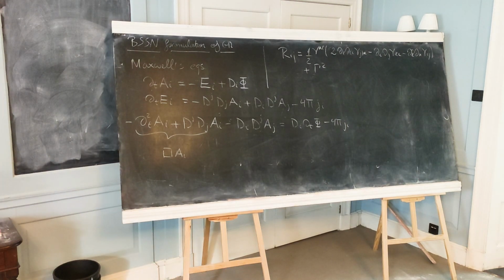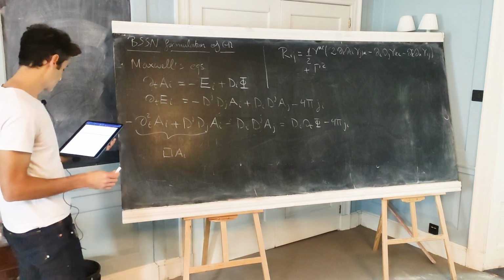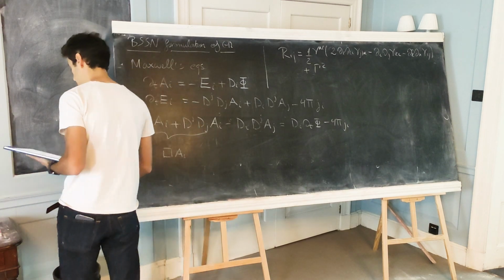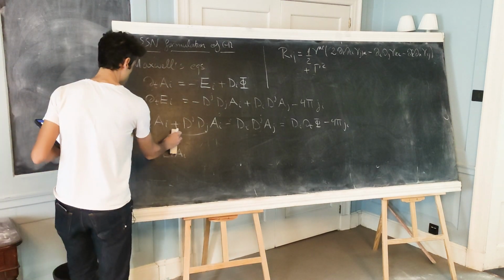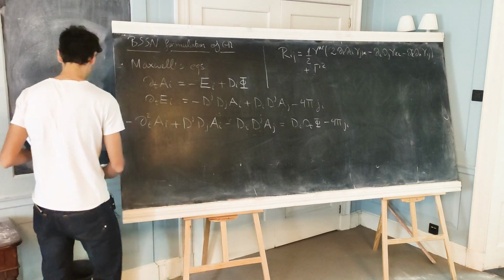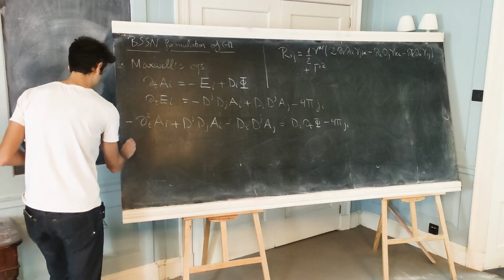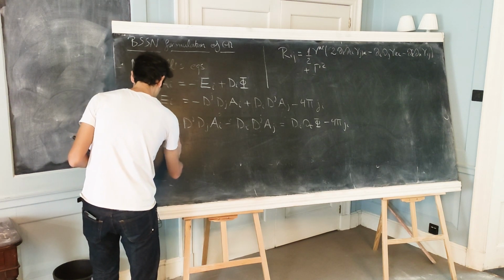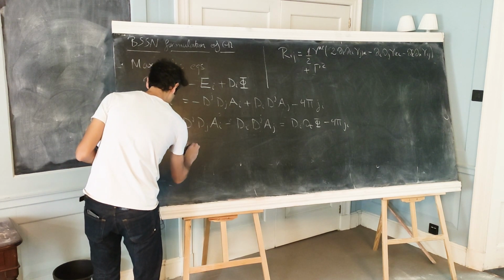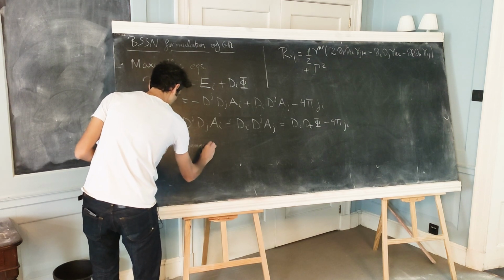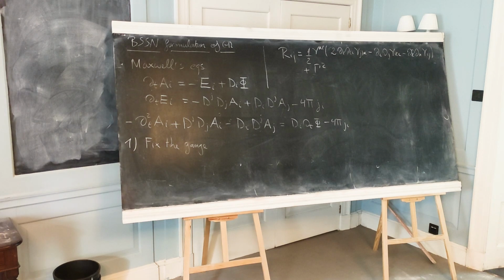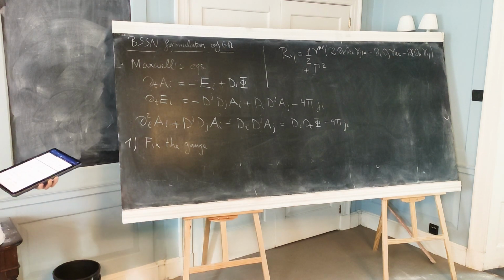There are different possibilities of dealing with this problem. The first possibility is to fix the gauge, because after all, the gauge vector potential is a gauge variable, so we can choose it.